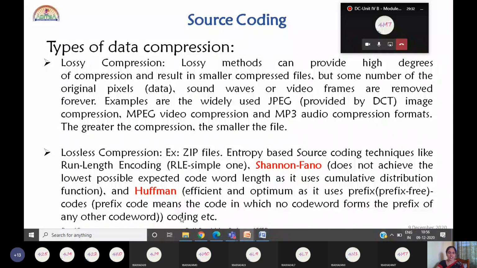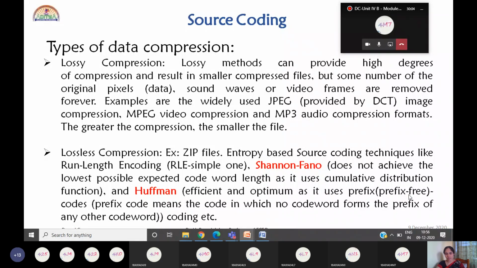We'll study the Shannon Fano and Huffman coding methods. Shannon Fano coding is one example of a lossless compression method, but here we'll make use of the cumulative distribution function in order to calculate the efficiency. And Huffman coding is more efficient and optimum than Shannon Fano coding, because the Huffman coding method uses prefix free codes.